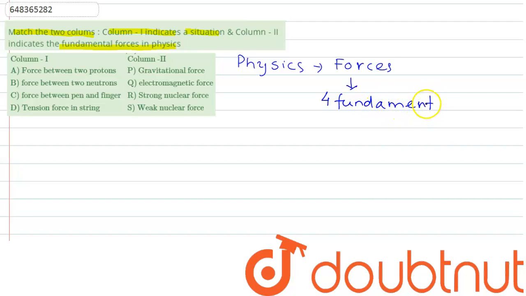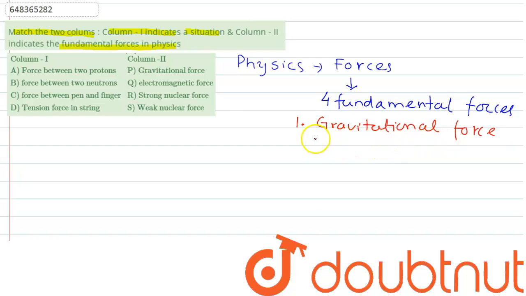So all other forces actually originate from these four fundamental forces. Now if we write them down, the first one will be gravitational force, or generally we call this gravity.